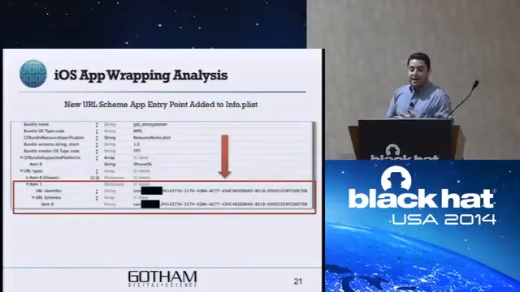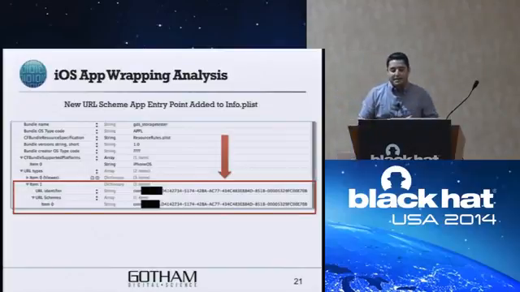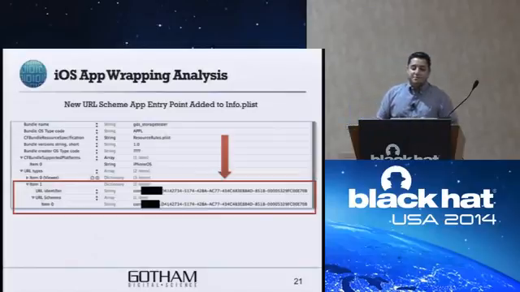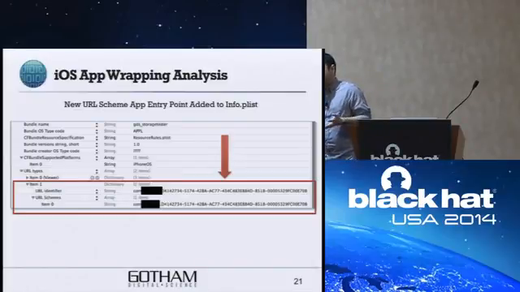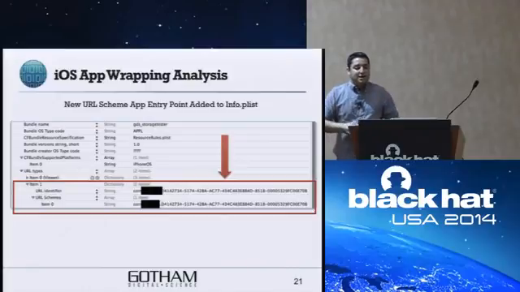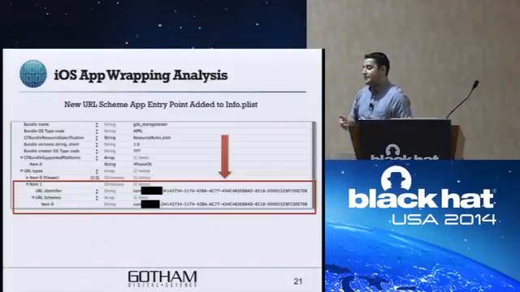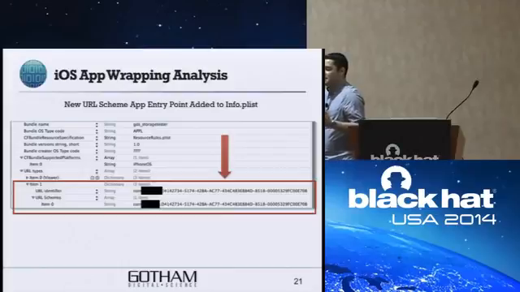And then if we look at the Info.plist file for the application, which is the main config file for iOS apps, you can see that they defined a brand new URL scheme. This creates a new entry point to your application that you probably didn't know was there before, but now it is, surprise. This is the main way that the MAM agent, the one that installed you onto the device, communicates with the app. The MAM agent should be considered the brains of the operation.